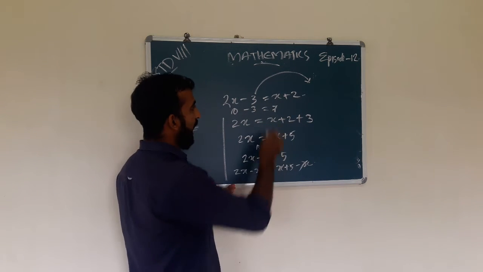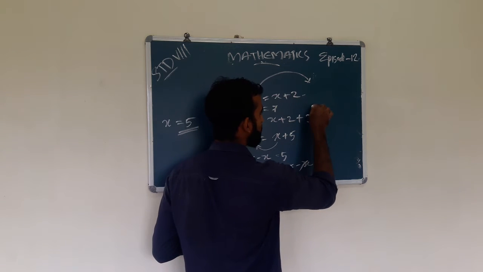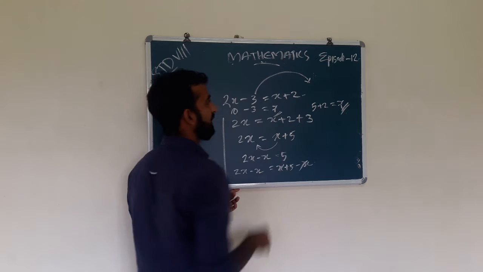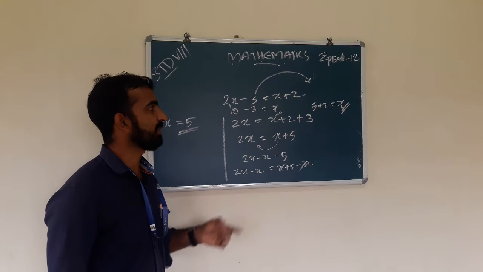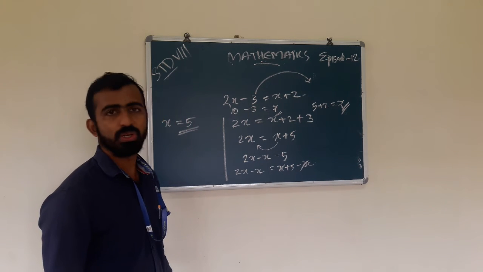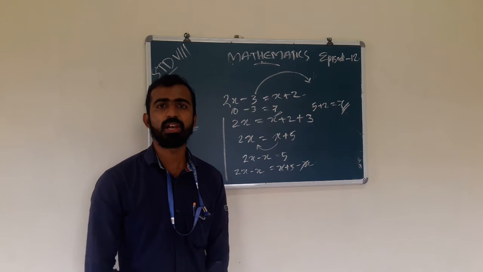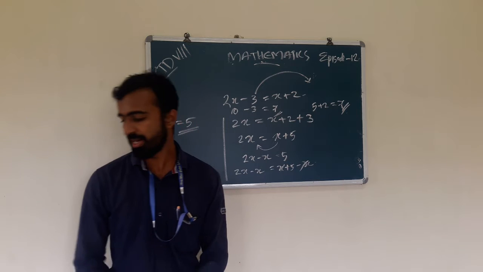And here x plus 2 is 5 plus 2, which equals 7. So the left side and right side are equal.